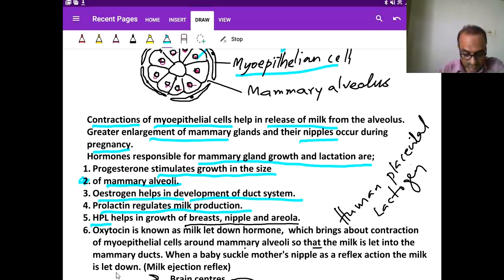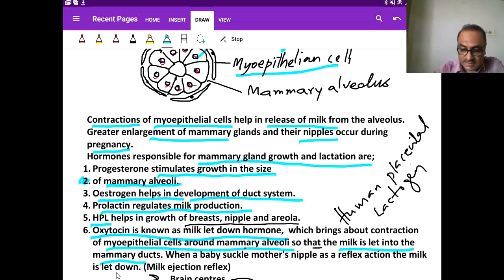Then oxytocin is known as the milk letdown hormone, as I have told you, which brings about the contraction of myoepithelial cells around the mammary alveoli so that the milk is let into the mammary ducts.